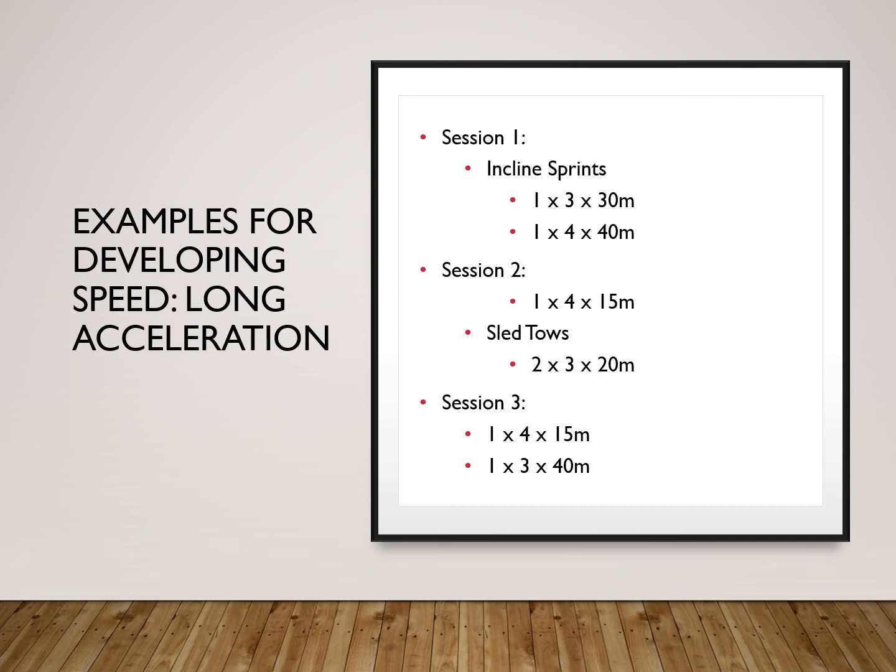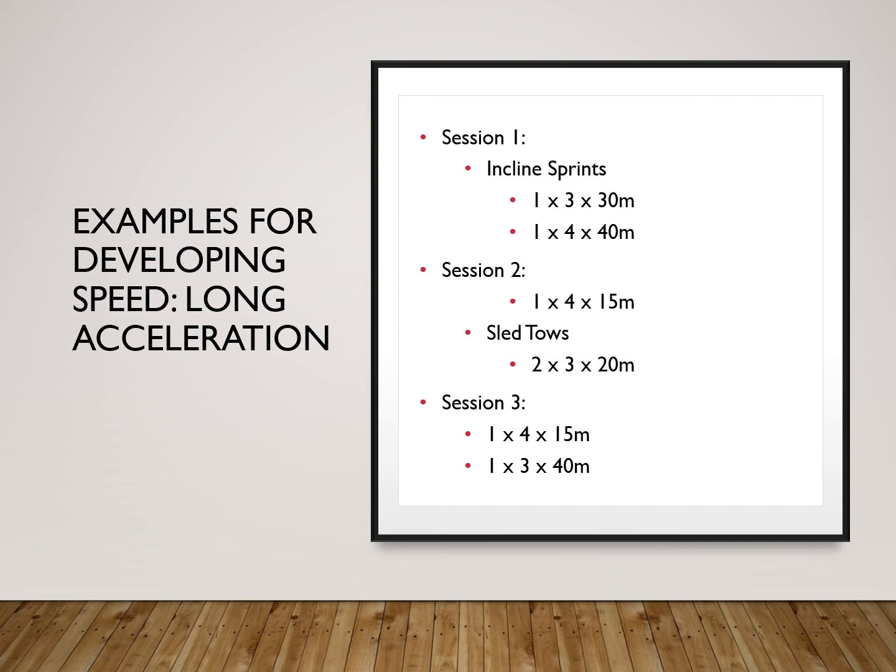You then might start to see the introduction of some resistance elements, so using something like a sled to further develop these acceleration capabilities. Remember, those sleds help get you into that accelerating position. They get that forward lean because of where the positioning of the strap is, and also providing that resistance will lead to a slightly longer ground contact time and the higher development of force.